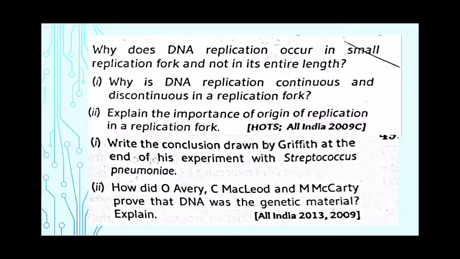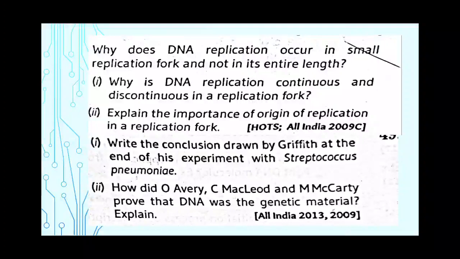First you will write that Avery, McLeod and McCarty worked to determine the biochemical nature of the transforming principle. They purified the biochemicals from the heat killed cells to see which one can transform live R cells into S cells, and then they discovered that DNA alone from S bacteria could cause R bacteria to become transformed.